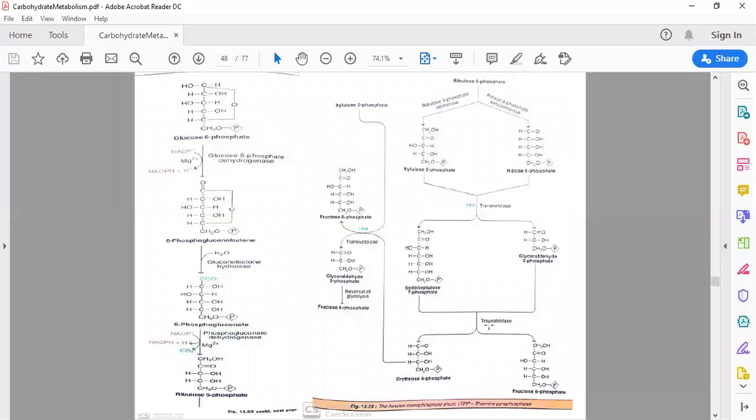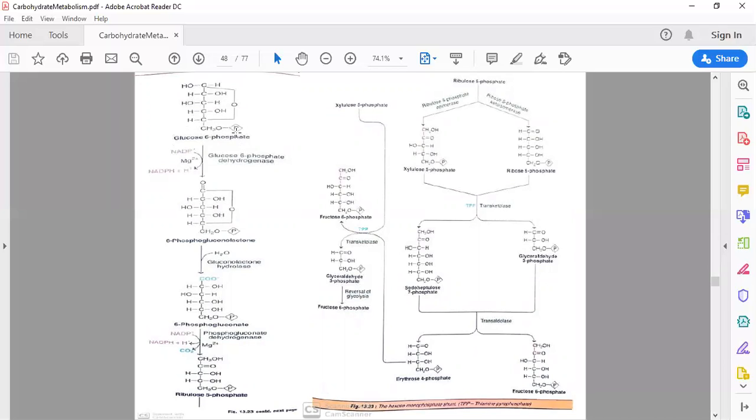So here in front of you, you are able to see the hexose monophosphate shunt. It starts with glucose 6 phosphate. This pathway is divided into two phases: oxidative phase and non-oxidative phase.